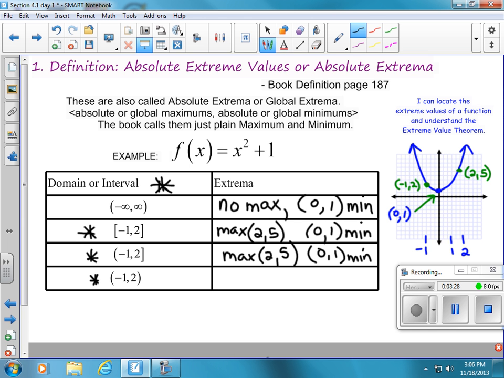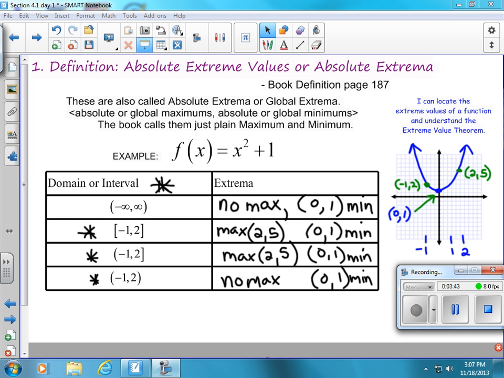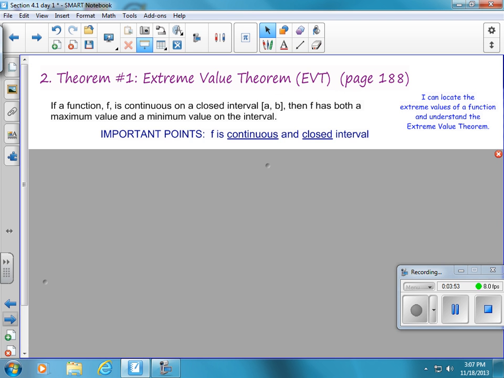So there's no way to name a maximum. And then our minimum is still (0, 1). All right, so that's how we find global minimums and maximums. And one more time, our book calls them maximum and minimum, just so that you know that as we go along.